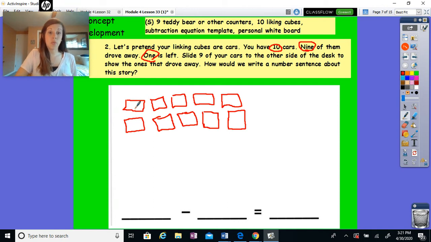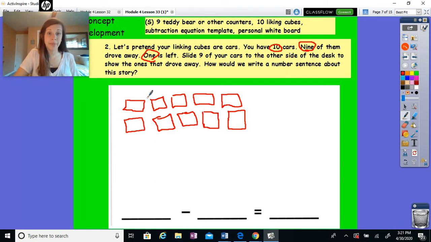Help me count. 1, 2, 3, 4, 5, 6, 7, 8, 9, 10. We started with 10 cars. Then it says 9 cars drive away. Since I can't really use cubes to move them, I'm just going to cross out 9.